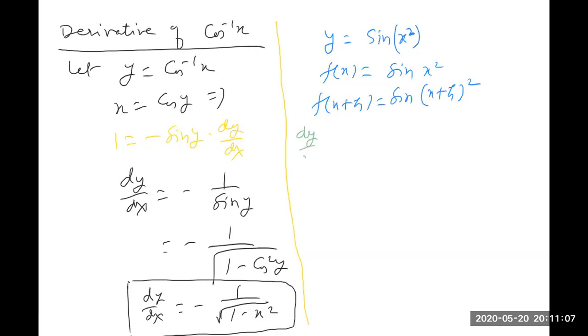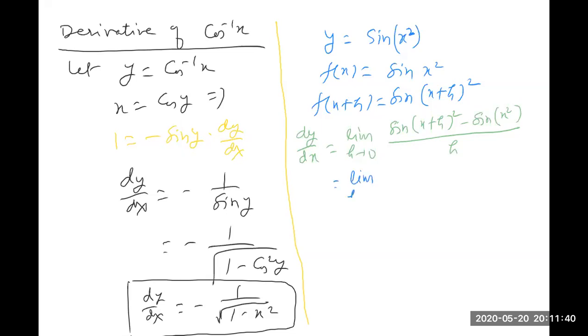So dy by dx will be limit h tends to 0, sine of x plus h whole square minus sine of x square upon h. This is again the same formula, sine C minus sine D. You have to go by that formula. There is no other way of solving this. You cannot expand here.